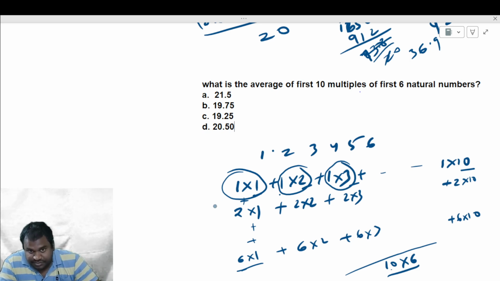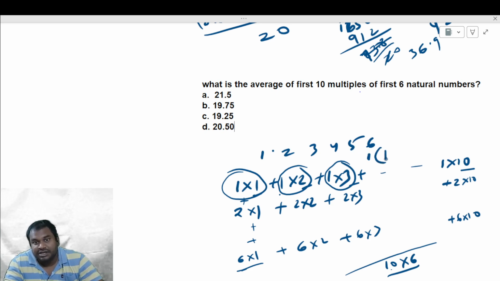Now, till here it is not finished. You have to add them, right? When you are adding, it's not easy to add however you want. You just take one common. If you take one common in this row, what will you get? 1 plus 2 plus 3 plus up to 10. In this row, you take two common, then 1 plus 2 plus up to 10.